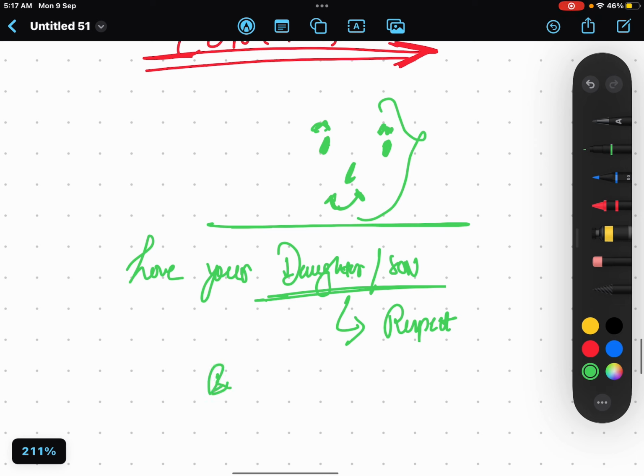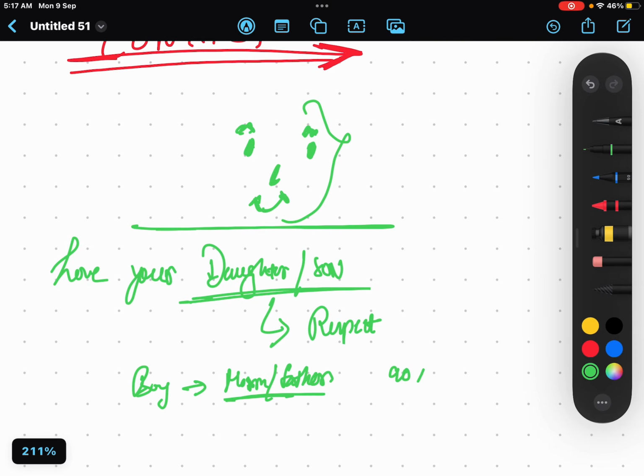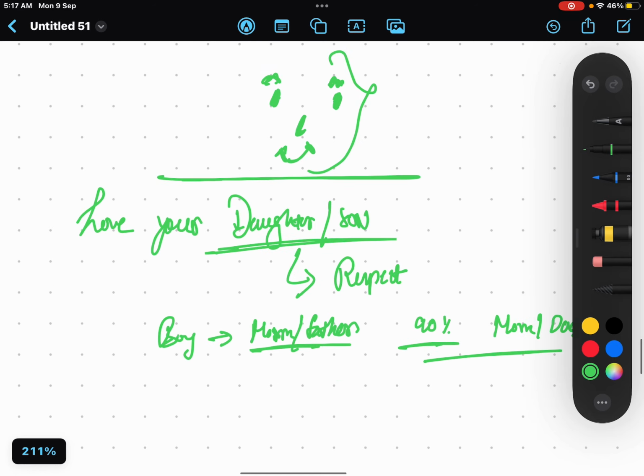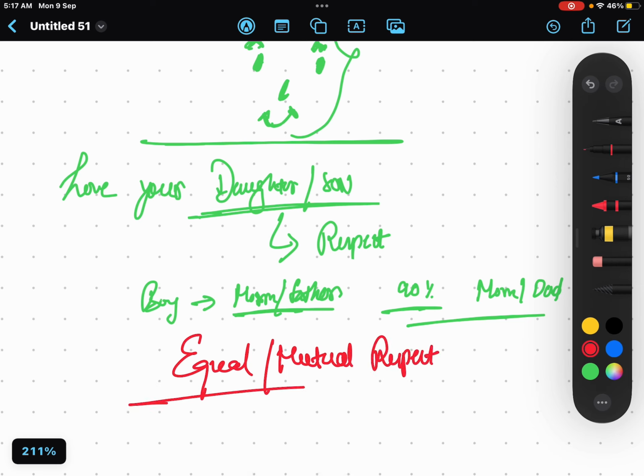If you are a boy, and you give your mother and father that respect and love, then at least give 90% of the same respect to your spouse's mom and dad. Whenever there is equal and mutual respect between your parents and your spouse's parents, or your mother-in-law, there will always be happiness.